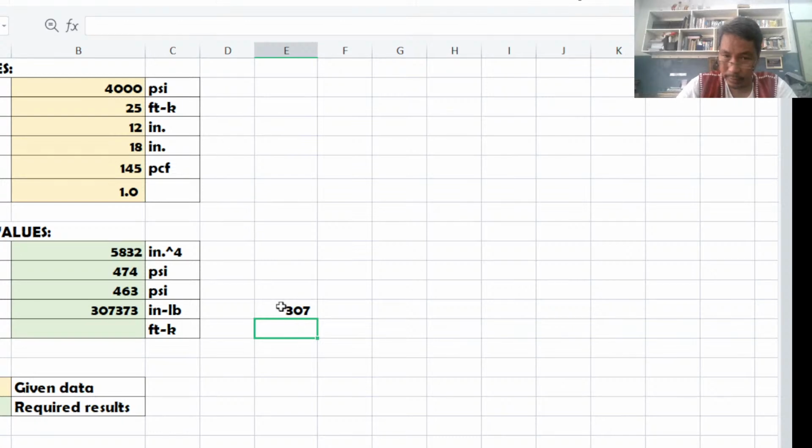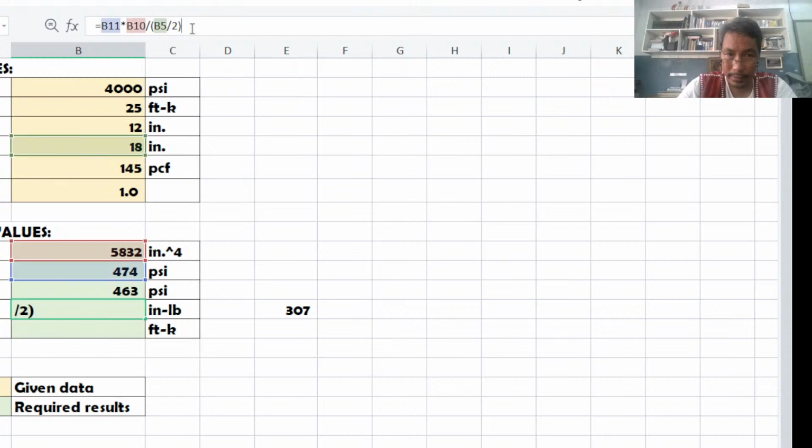Oh, this is our answer, 307. Now put it back here, and then multiply by 1,000. It will go back. So it cannot be done in this type of format.